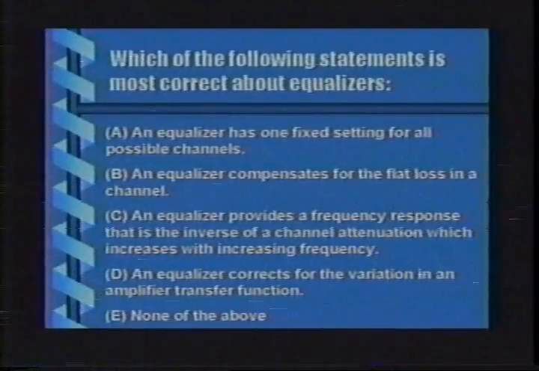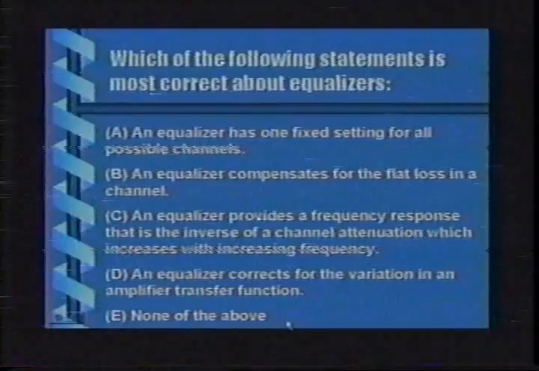We're asked which of the following statements is most correct about equalizers. And we're going to go through these choices individually. We have 5 possible choices. Notice the last one is none of the above. So if you don't think A, B, C, or D are correct, then you would choose E.